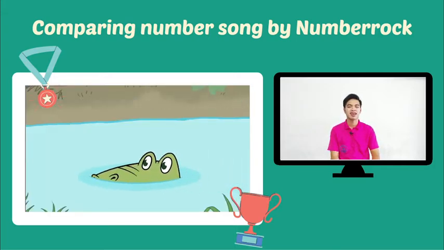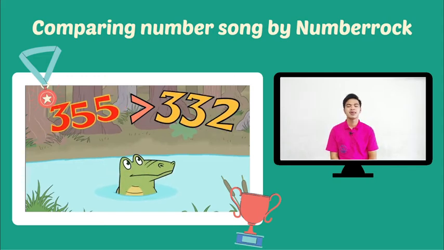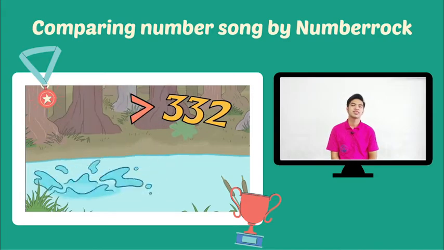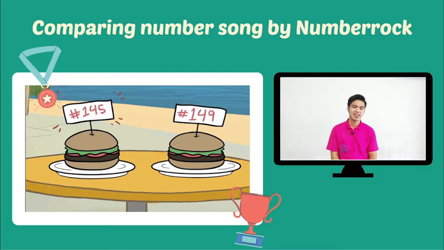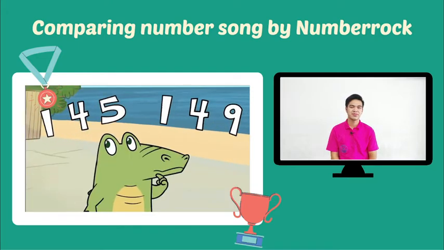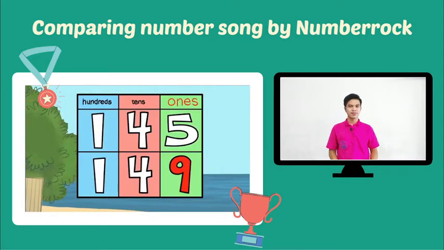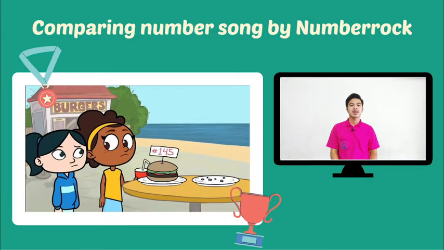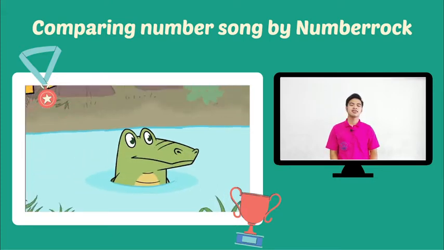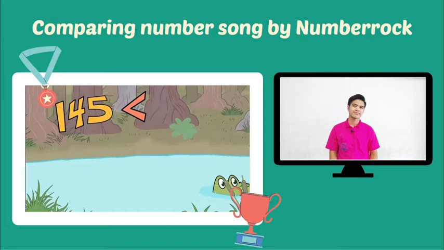The hungry alligator eats the number that's greater. The number that is least is never part of his feast. 145 and 149. The gator needs the greater value on the number line. He looks at the place values from left to right. 9's the greatest ones place, so he takes a big bite. The hungry alligator eats the number that's greater. The number that is least is never part of his feast.